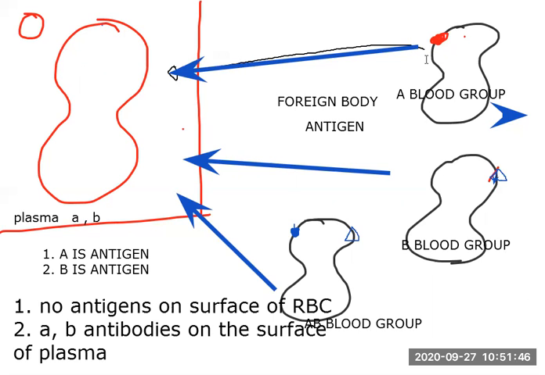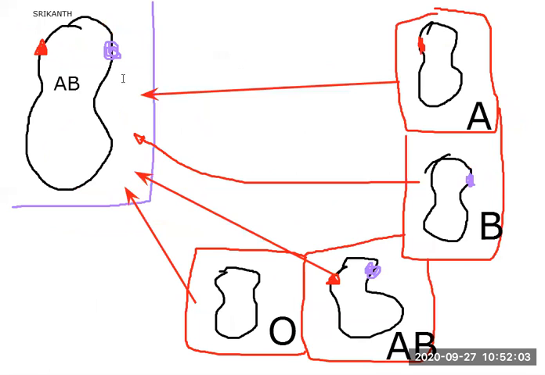Now, if an A blood group person's blood is injected into the O, what happens? Whom does he consider antigen? He considers A an antigen. For a B blood group person, he doesn't know anything. That's why A is antigen to him. B is also antigen to him. Now see the most contrasting issue here.